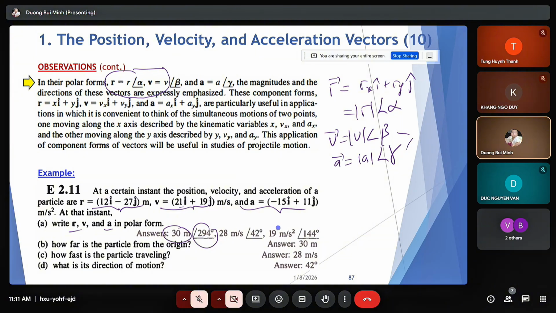We just indicate vector r with the V and the I, but we don't know the moving direction. Do you read me? Right? So if we would like to know the moving direction, we need to compare R with V and with I, right?